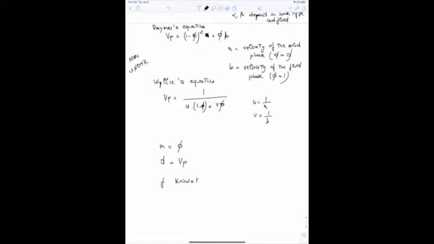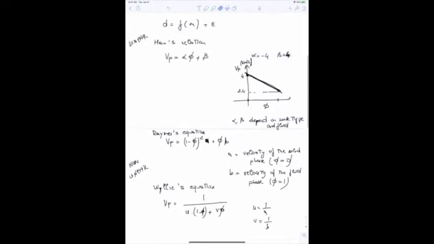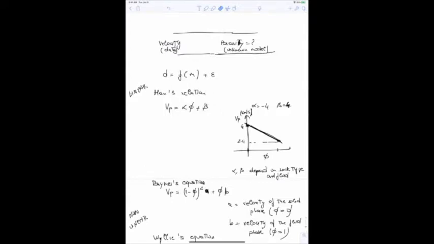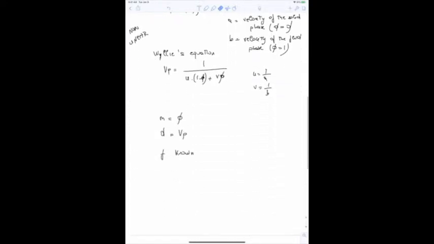So in the past, when we did the linear fit, we tried to estimate the parameters alpha and beta. Now we assume that alpha and beta are known in the linear equation. We want to estimate the model variable, which in this case is porosity, given the measurements.